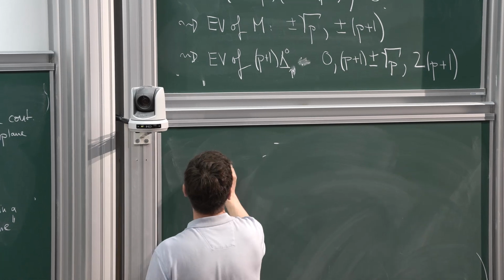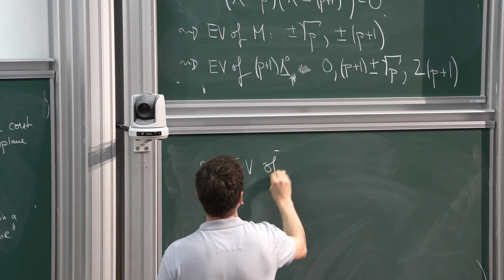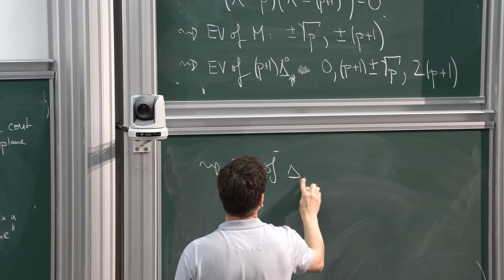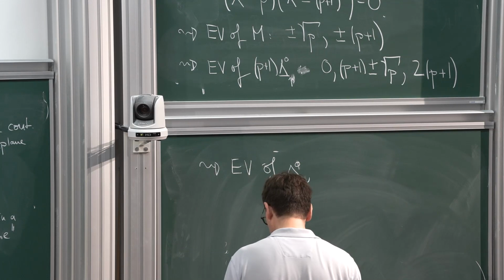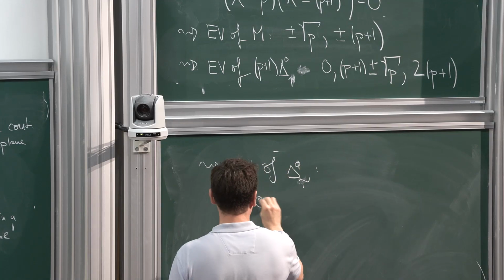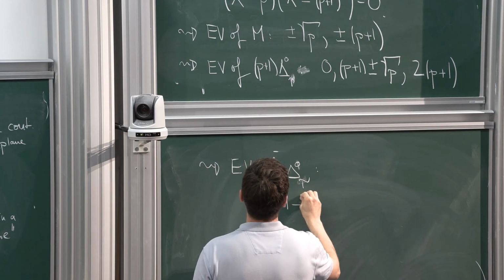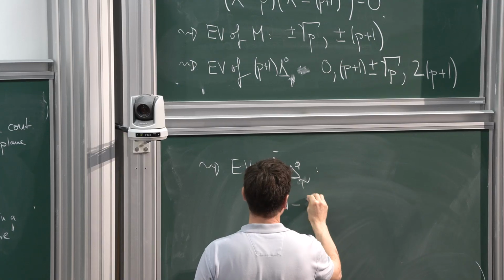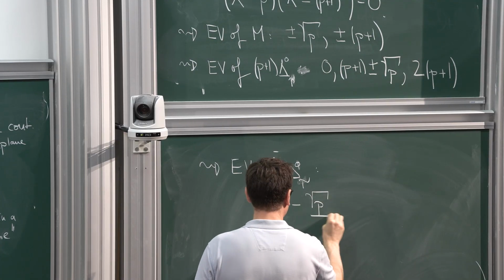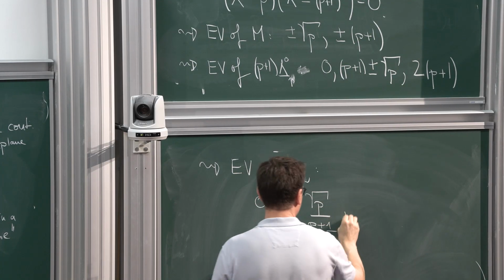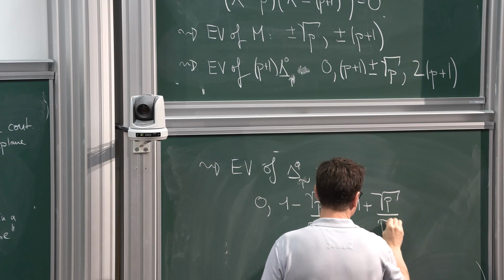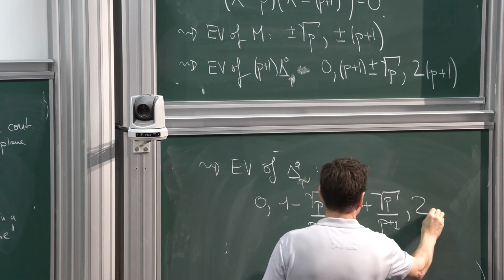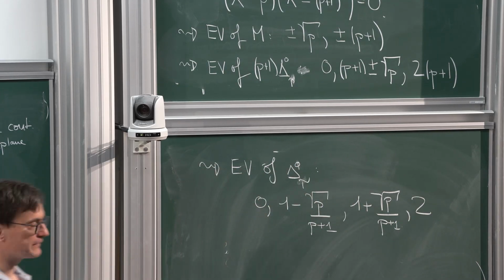And finally, the eigenvalue of what we're really after, the graph Laplacian of the link of a vertex, will be then, so you have to divide by p plus 1, so we get this. And I already write it in an ordered way. So we're interested in the smallest positive eigenvalue.